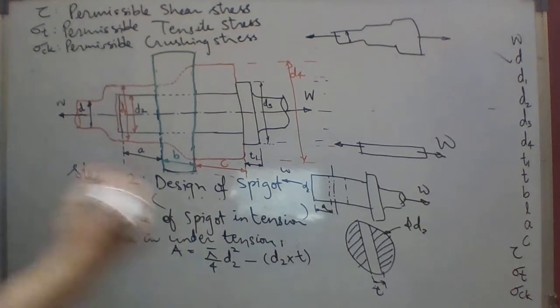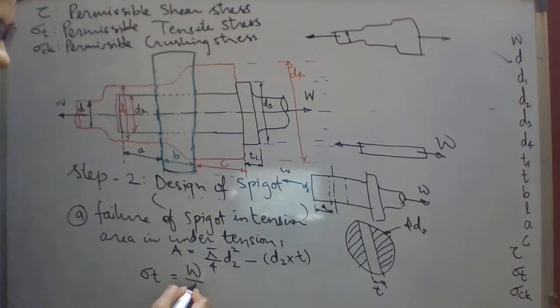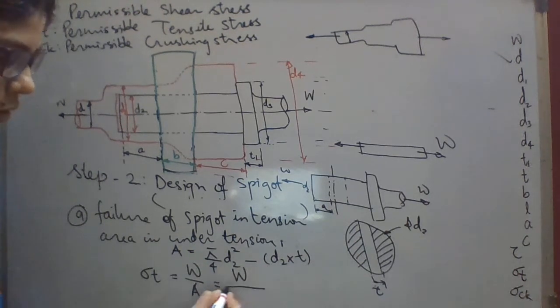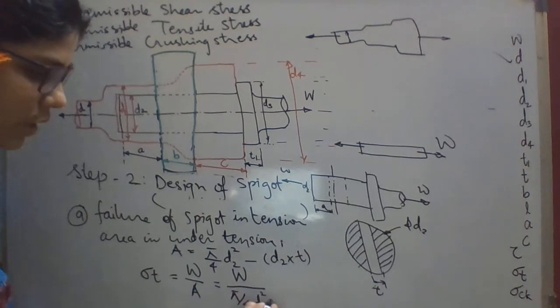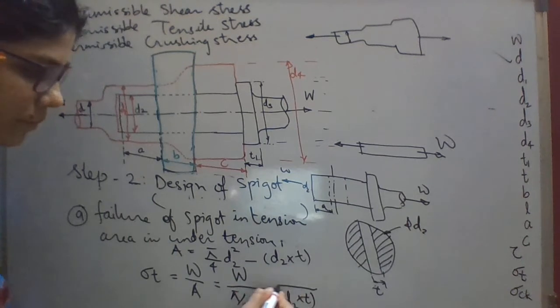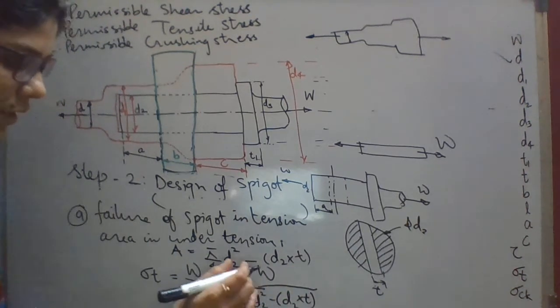So we'll write again the equation of tension. Sigma t will be, the formula remains the same, load upon area. But which area? For the spigot, the area is W upon pi by 4 d2 square minus d2 into t. This area is under the whole denominator.